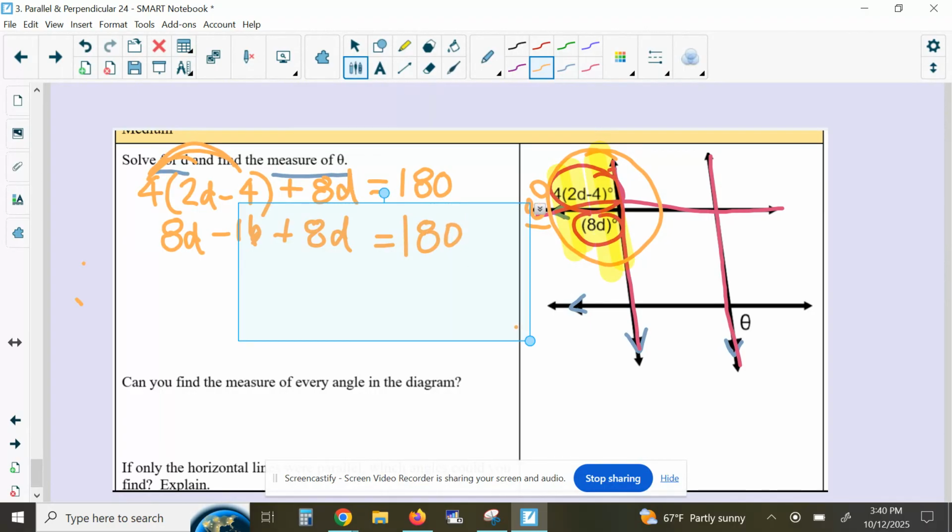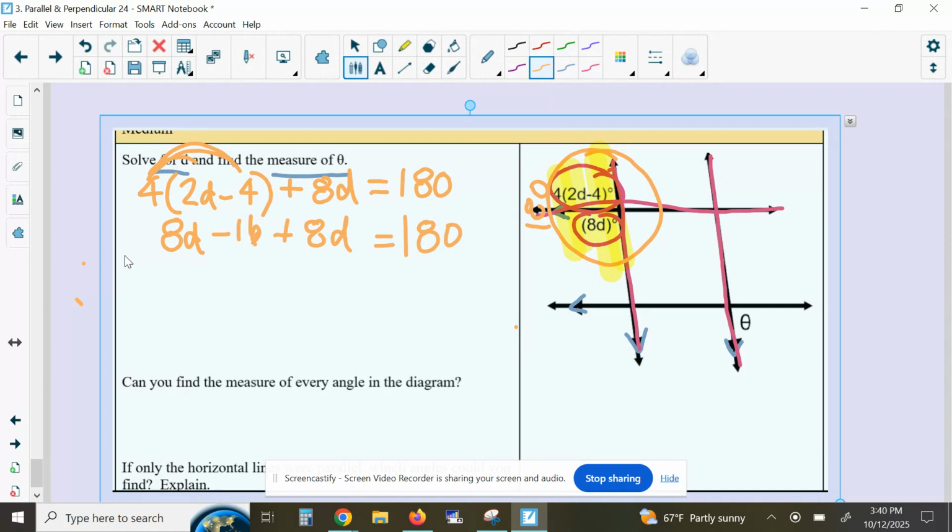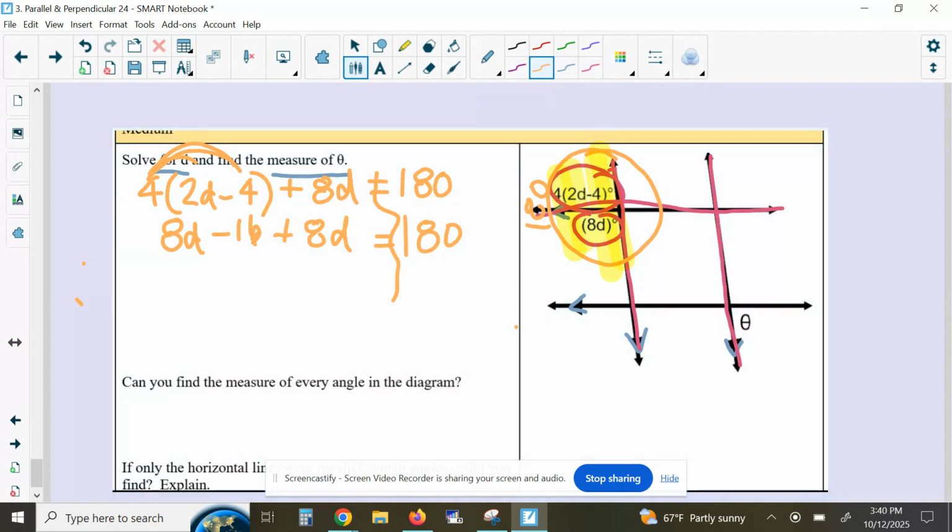Okay, so on the same side of my equation, I do have some like terms. So 8d and 8d make 16d. And then I have that minus 16 is equal to 180. So I'm going to try to get d by itself by adding 16 on both sides.